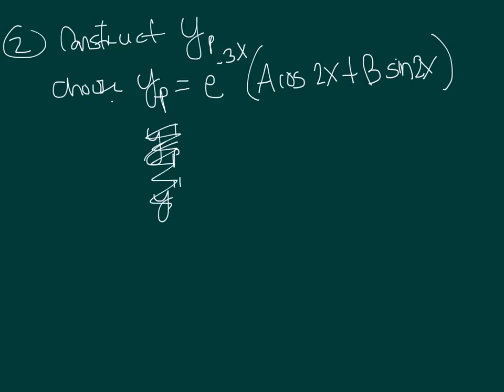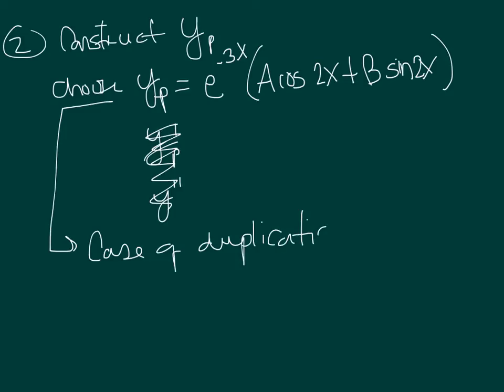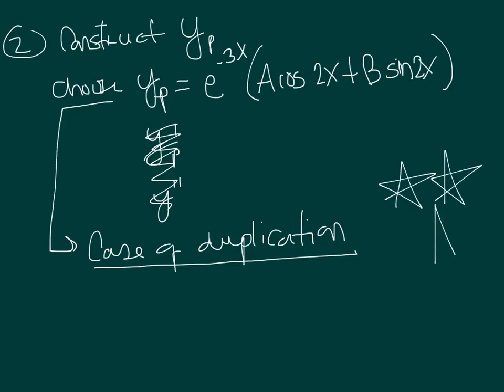This is the case of duplication that they talk about in the book, which you want to know for your test. Hint, hint, this means it's important, stars. So what do we do? Instead of choosing this first guy, I'm going to do e to the negative 3x and multiply this particular solution by a factor of x to eliminate the duplication.